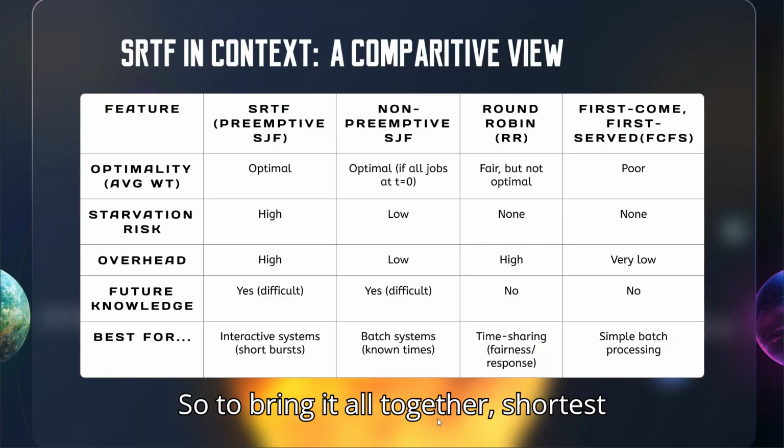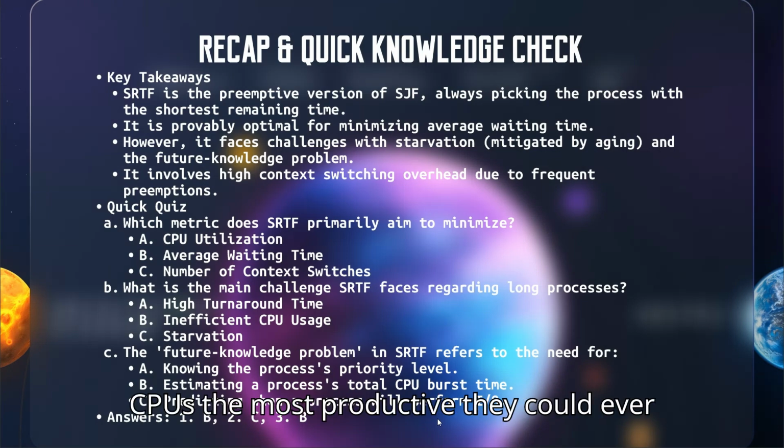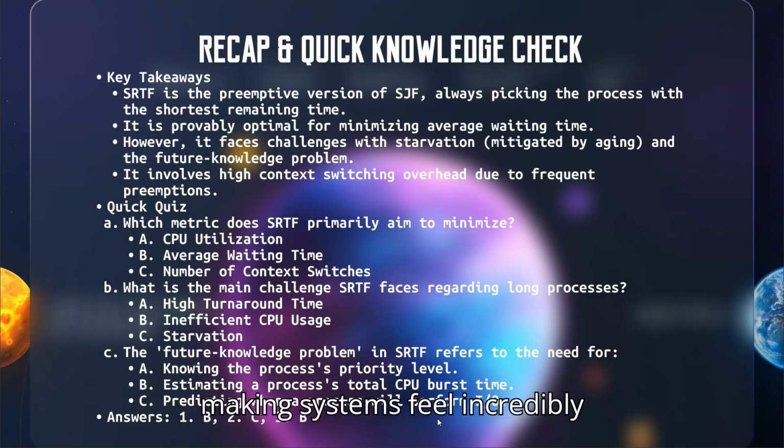So, to bring it all together, shortest remaining time first is the relentless pursuit of efficiency. It's the algorithm that, in a perfect world, would make our CPUs the most productive they could ever possibly be, minimizing waiting time and making systems feel incredibly responsive. But as we have seen, this pursuit of perfection comes at a cost.